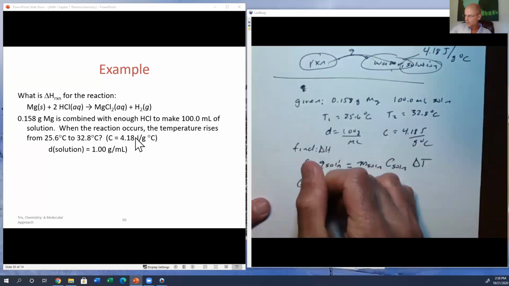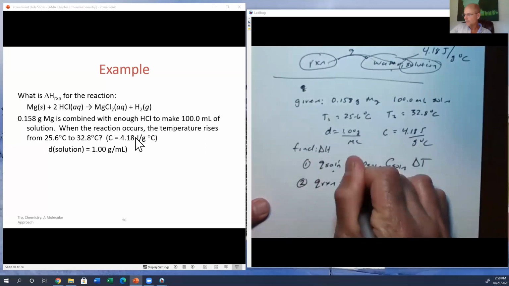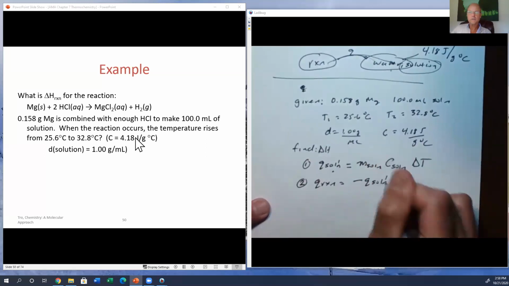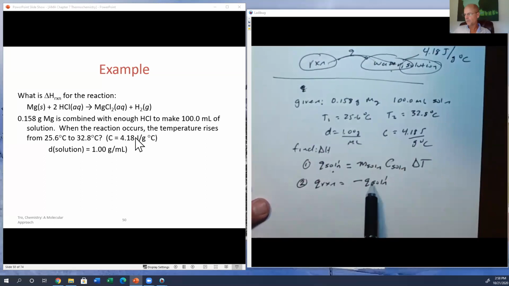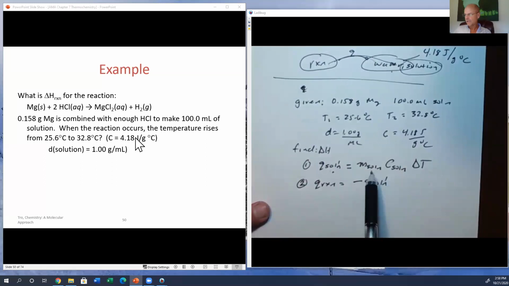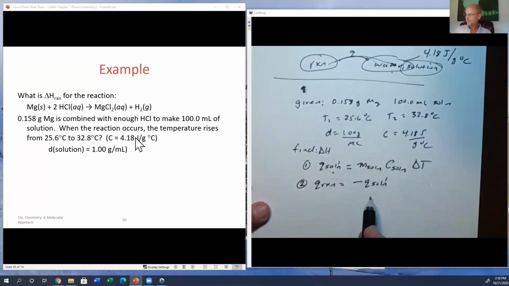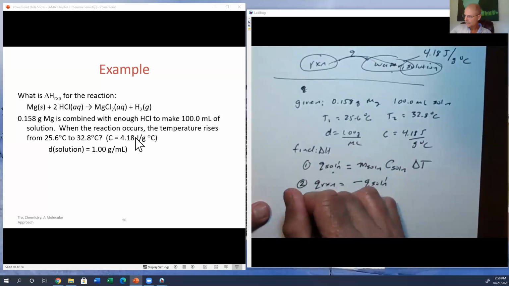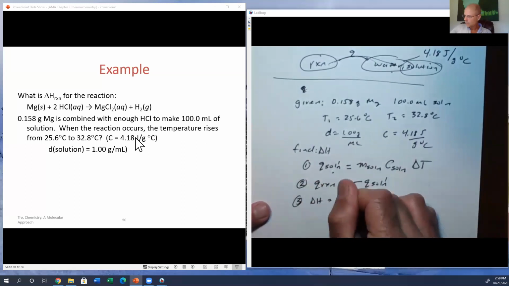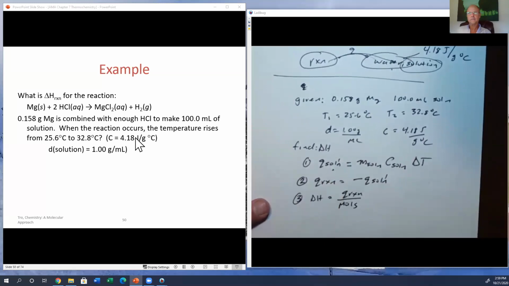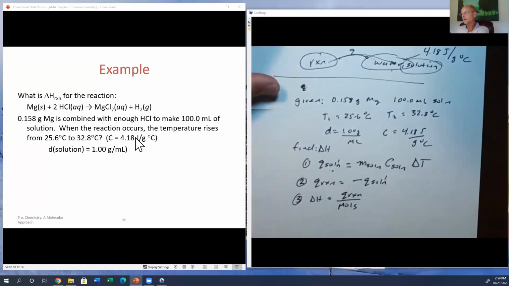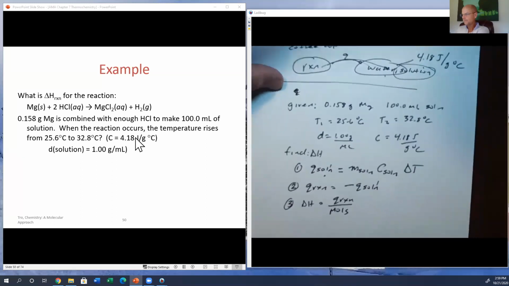Second step, Q reaction is equal to minus Q solution, right? Just like before, the only difference is we're replacing the calorimeter with the solution, right? And in this case, we're using the mass of the solution times the specific heat capacity of the solution to get the overall heat capacity of the solution. All right, so Q reaction, and then lastly, delta H is equal to Q reaction divided by the number of moles that reacted, right? So it's very, very similar process, okay?